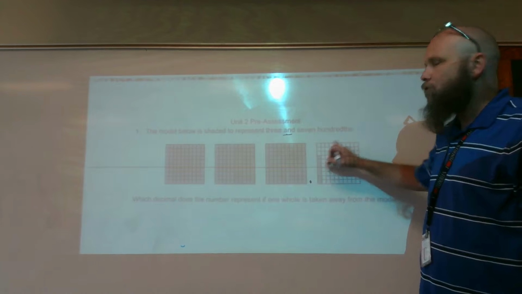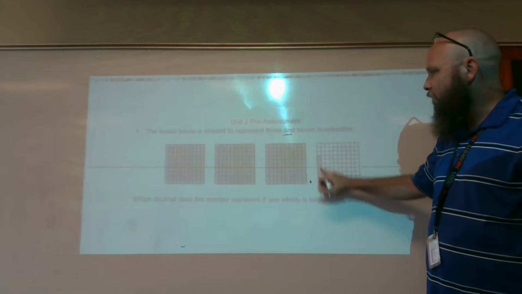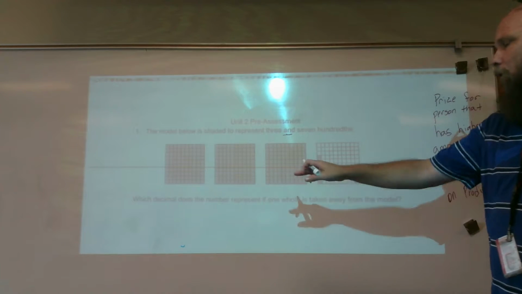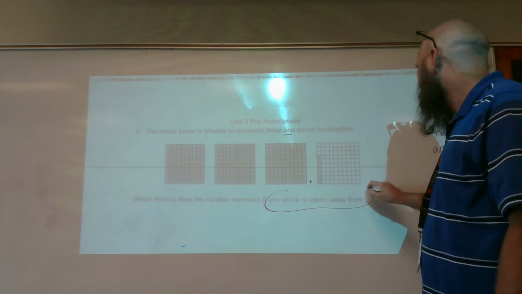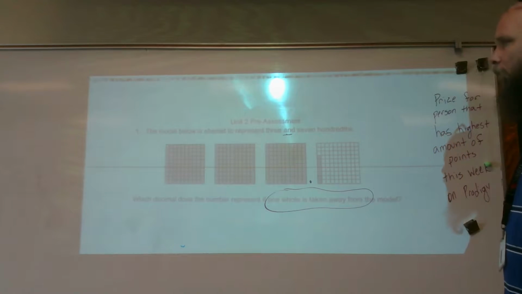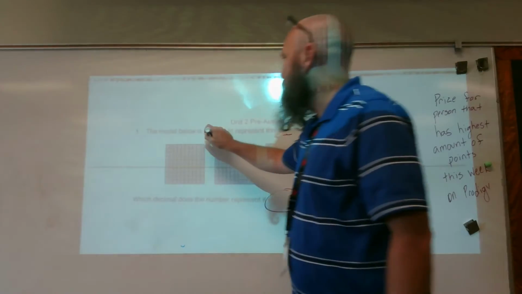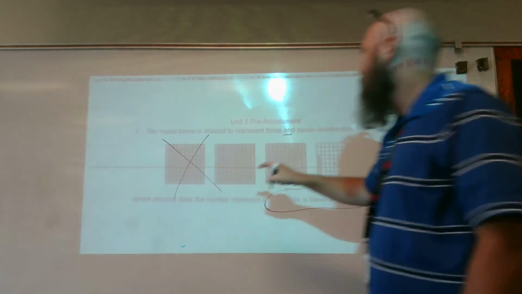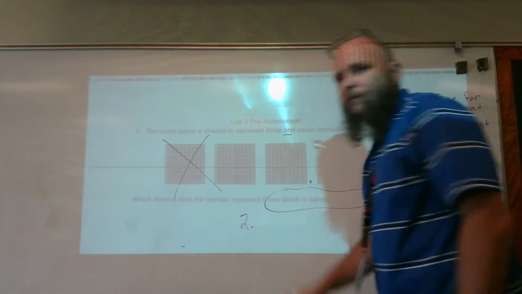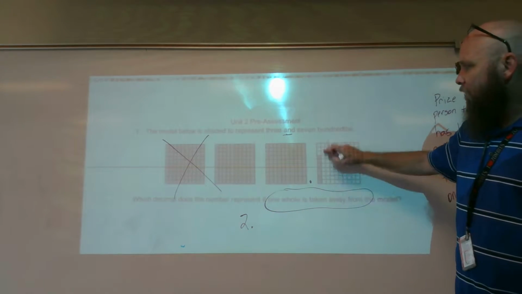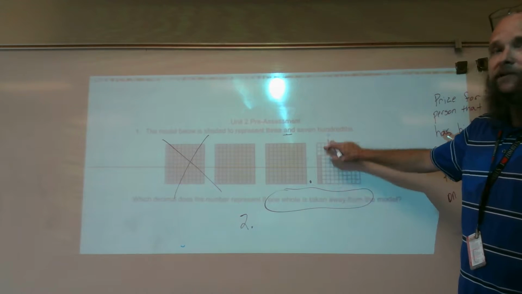There are 100 total squares in here. 7 of them are shaded in. What does the decimal number represent if one whole is taken away from the model? So if we take away one of these, we have 2 left and 7 of the 100, not 7/10.